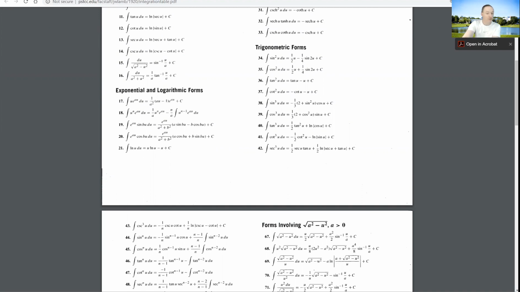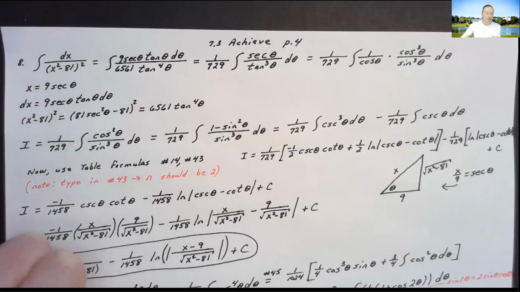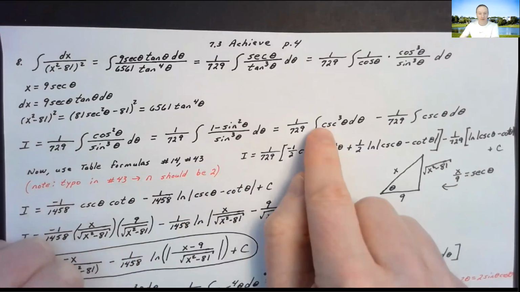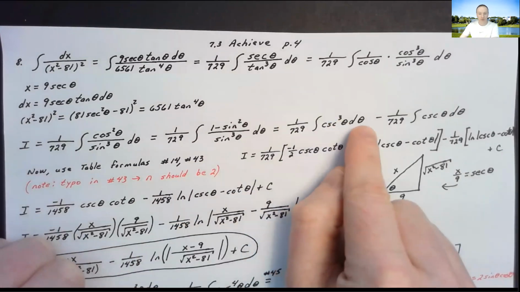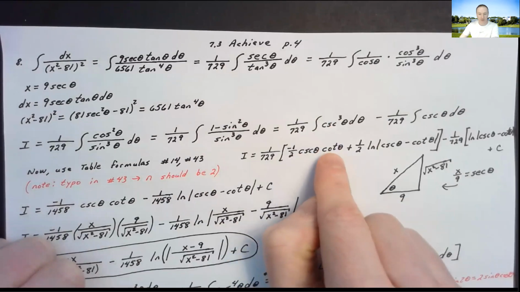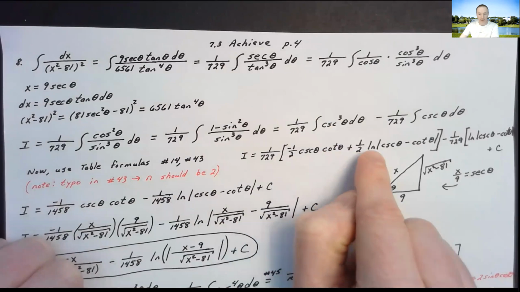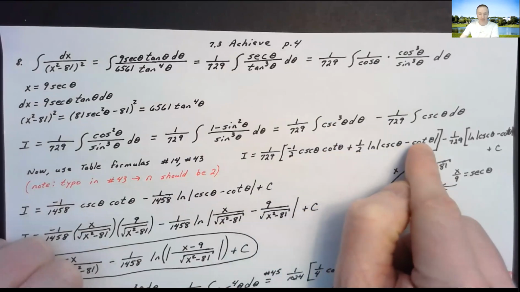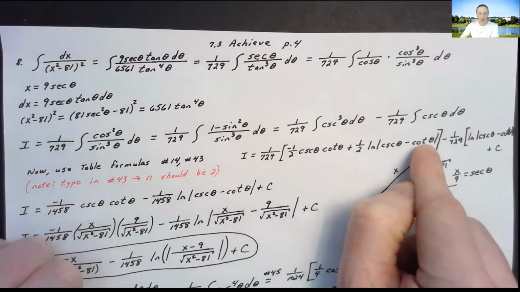So now what you'll see on this problem is I just used those two formulas. First of all, the integral of the cosecant cubed theta with respect to theta is negative 1/2 cosecant theta cotangent theta plus 1/2 the natural log of cosecant minus cotangent inside the absolute value of that natural log.